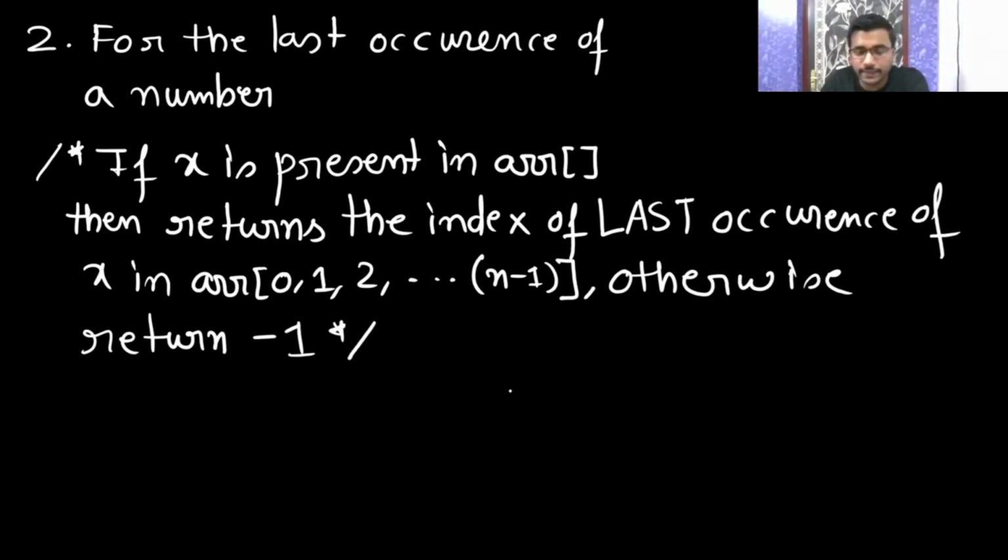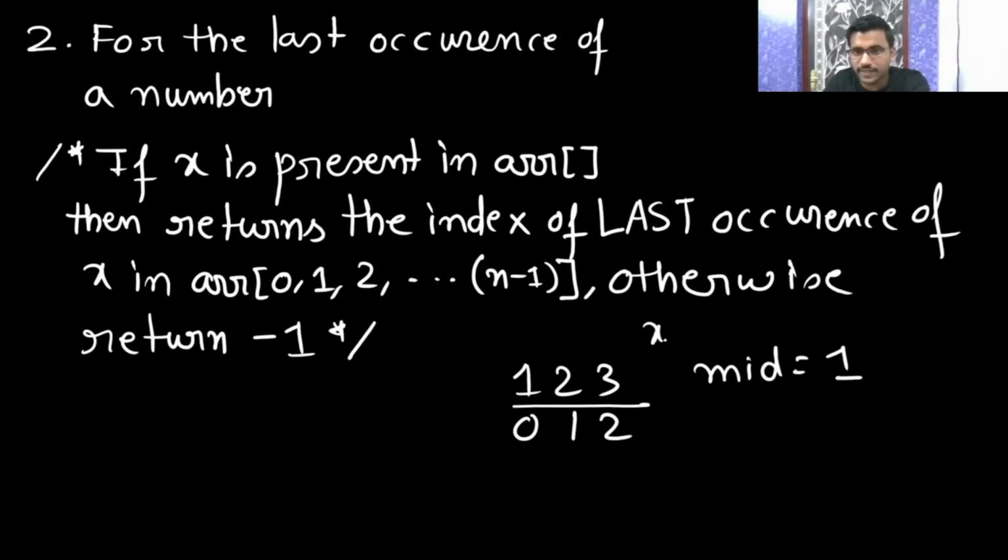Any condition like 1 2 3. So initially what will happen, 0 1 2, okay. So if you take mid as 1, now you are searching for the element 4. It will go to the right-hand side because mid is not equal to 4.